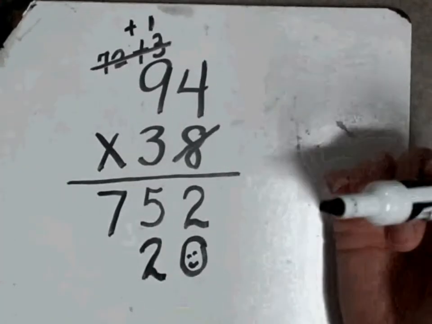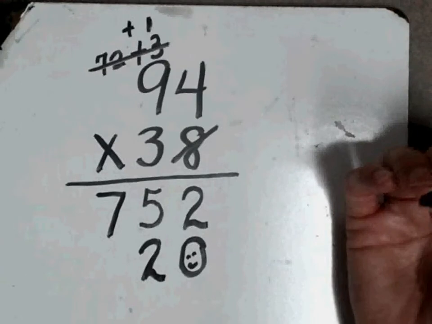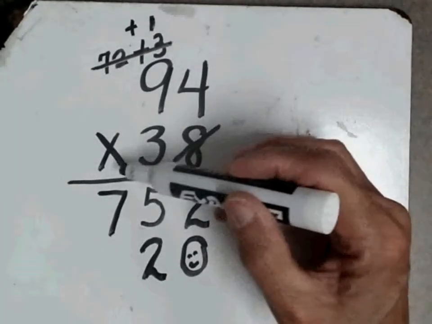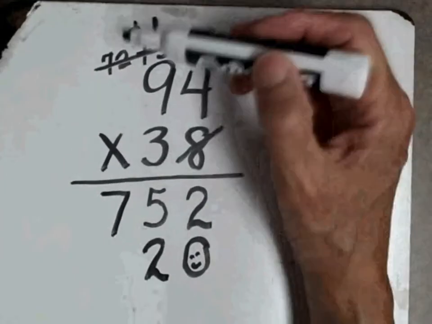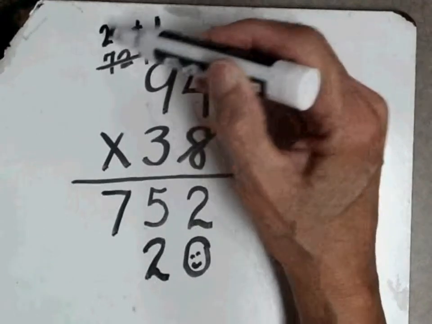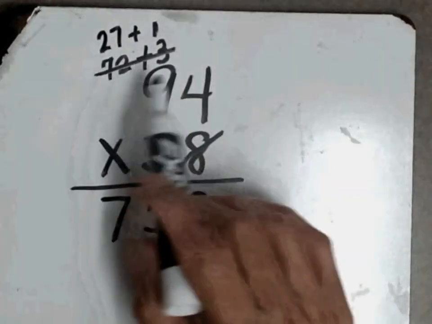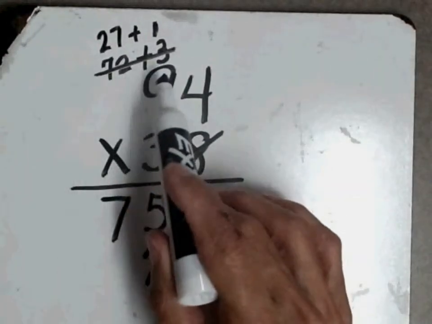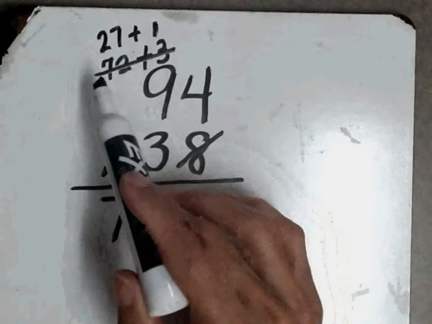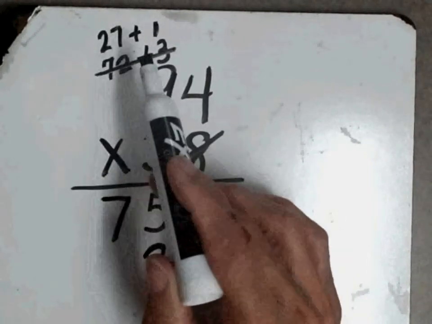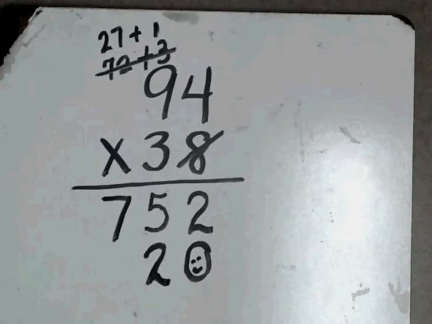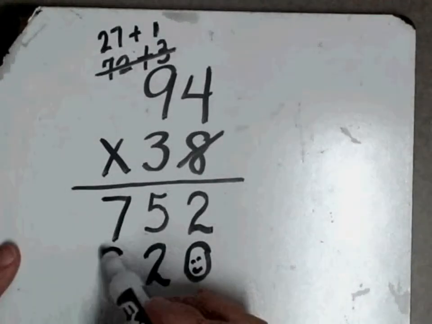Okay, so what's the next thing we need to multiply, boys and girls? 3 times 9. And what is that? 27. So I'm going to record that up here at the top. And now that reminds me that I need to add 27 tens plus 1 ten equals 28.